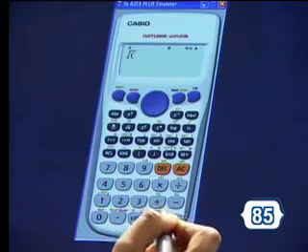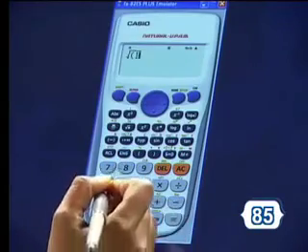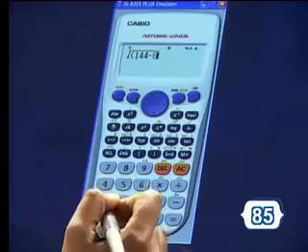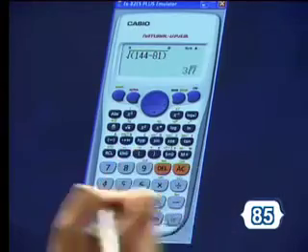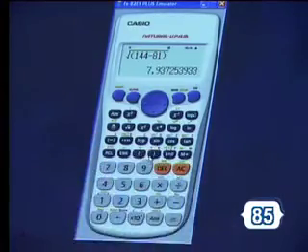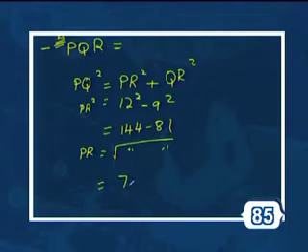So it's the square root of 144 minus 81. And that will give us an answer of 7,94, correct to 2 decimal places. Okay, so that is how you would work out or solve the right angle triangle if they ask you to find all angles and all sides.